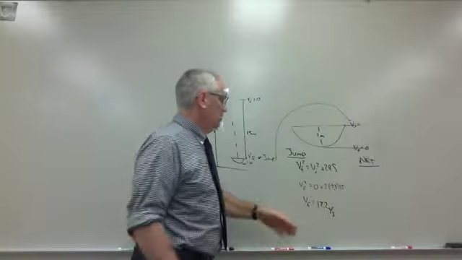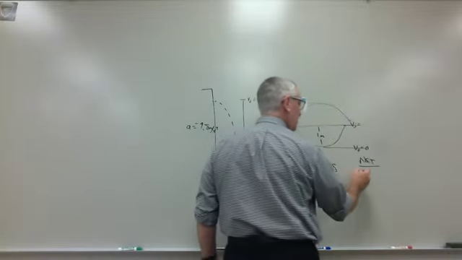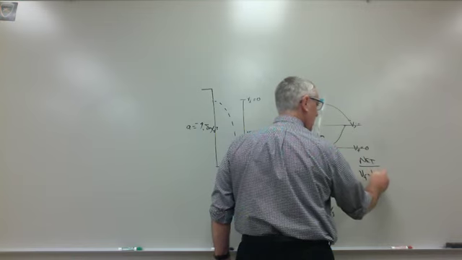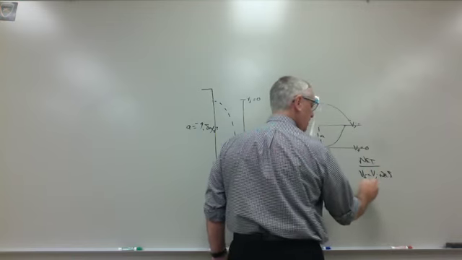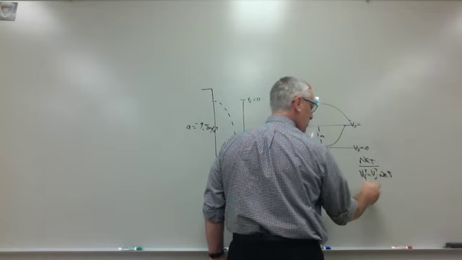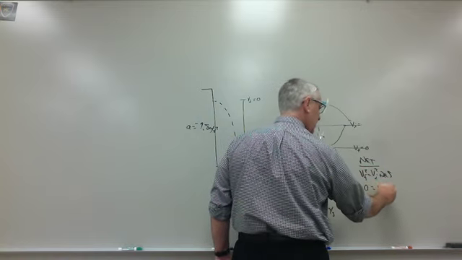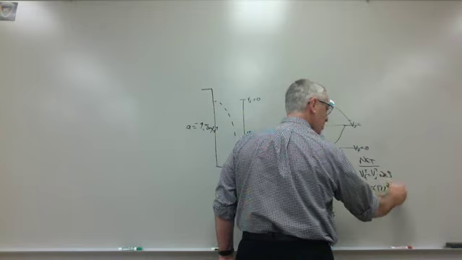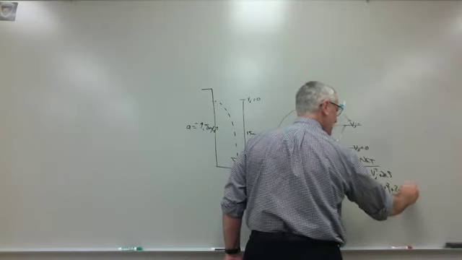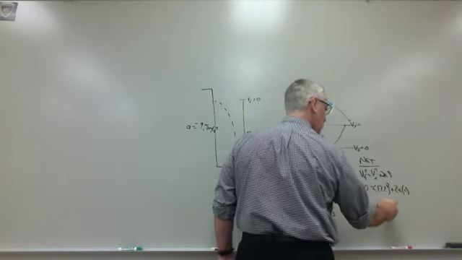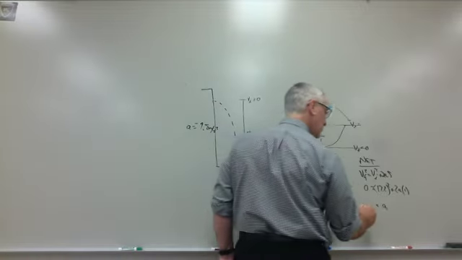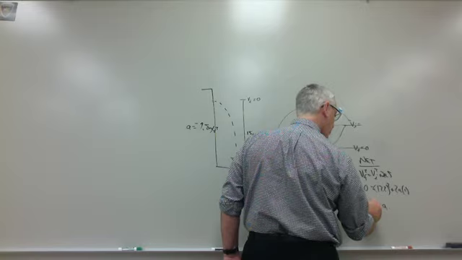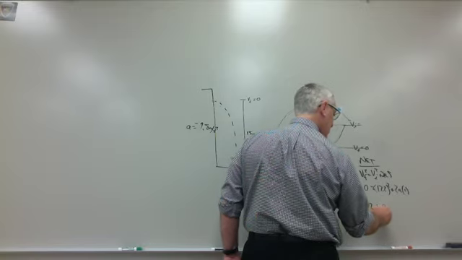So we'll just go in here: final velocity squared equals initial velocity squared plus 2 times a times s. Final velocity, these are squared, 0 equals 17.2 squared plus 2a times 1. So what's the acceleration at that point? Negative 147 meters per second squared.